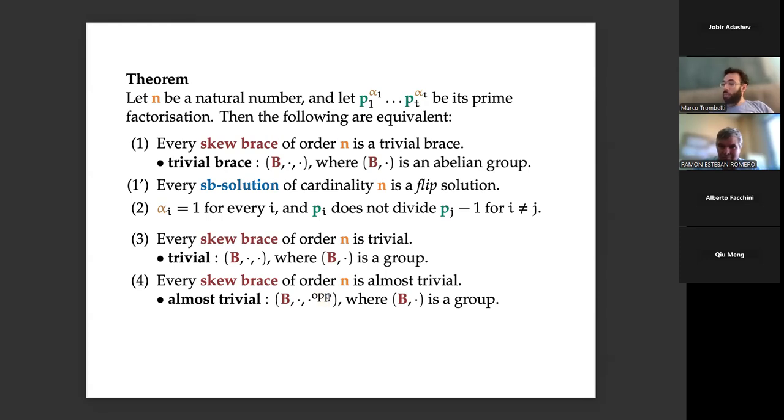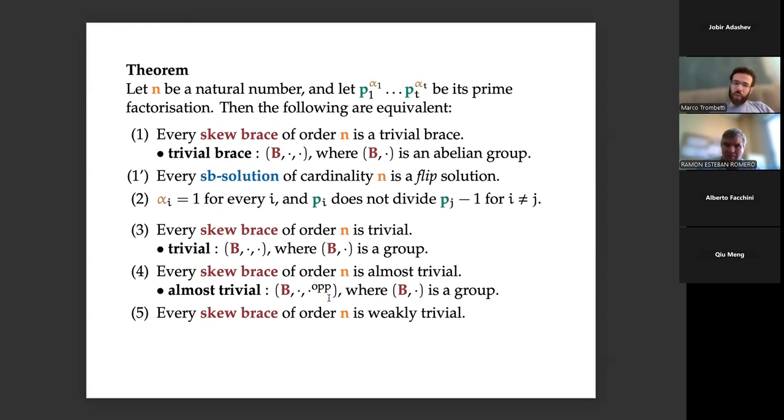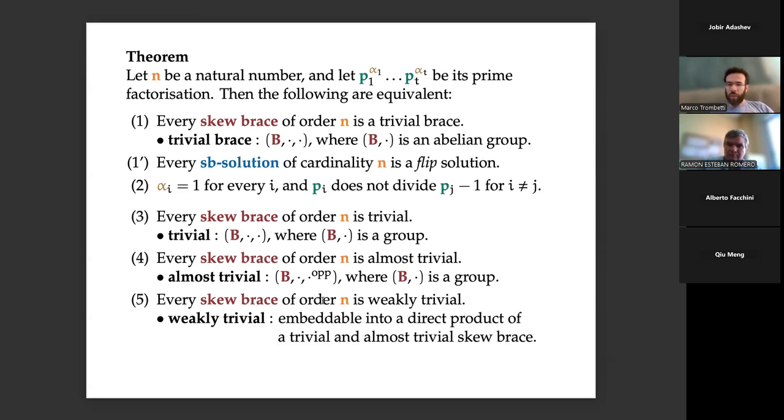And also something more, I believe, because you also get that all skew braces of that order are weakly trivial, where weakly trivial means essentially that you can embed your skew brace into a direct product of something trivial and almost trivial. So you see where I'm going. I'm weakening the conditions, trying to find the weakest condition that will give you the strongest result.